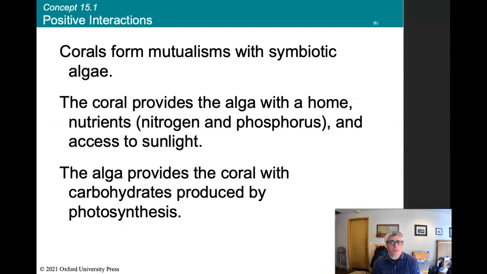Corals famously have mutualisms with symbiotic algae. Zooxanthellae is the primary one. And so the coral provides the algae with a home and nutrients and access to sunlight. And in exchange, the algae gives the coral some of that photosynthetic byproduct, some of those carbohydrates produced by photosynthesis.